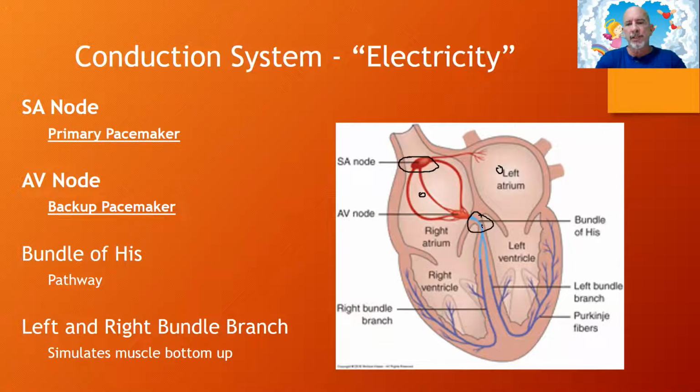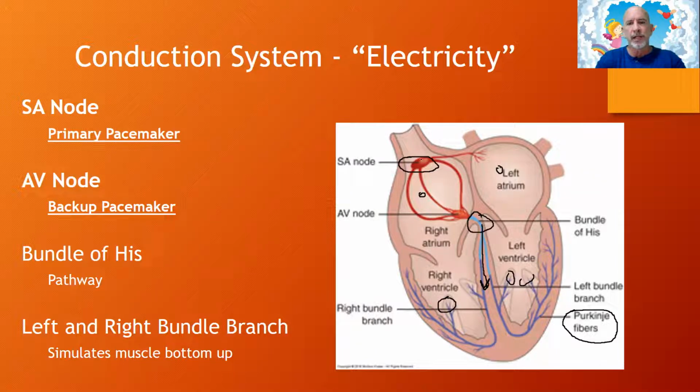And this is where it sends it down through your heart. Now, this area here is not causing any heart to contract. This is just a channel for that electrical signal to get down here to what we call the Purkinje fibers. The Purkinje fibers are what branch out and actually ignite and make your ventricles contract.